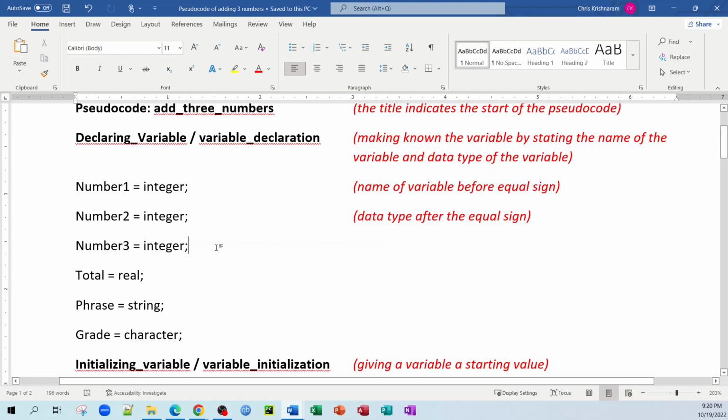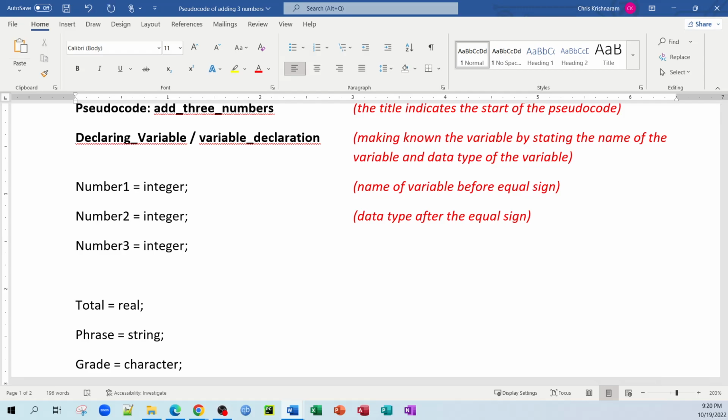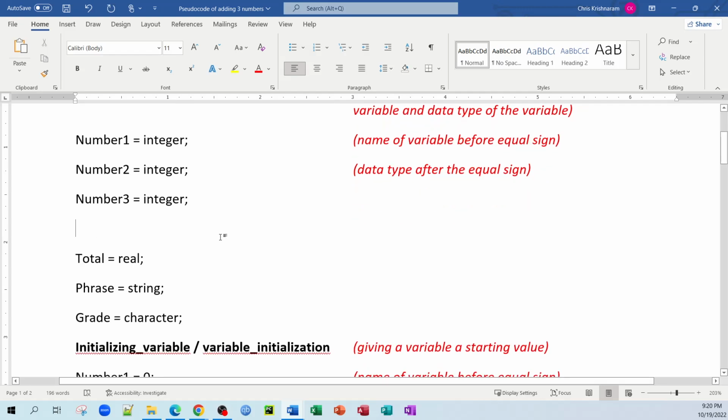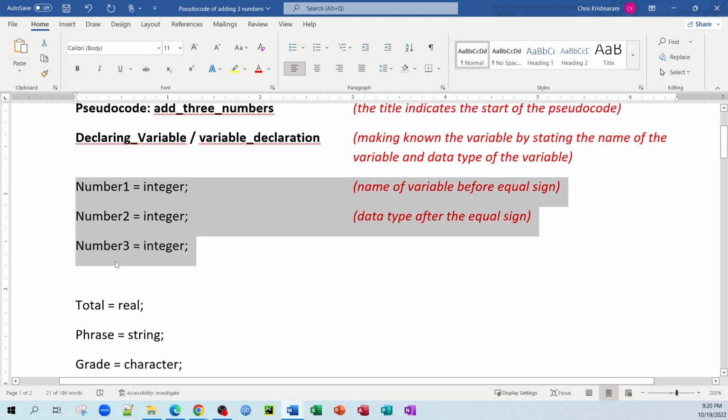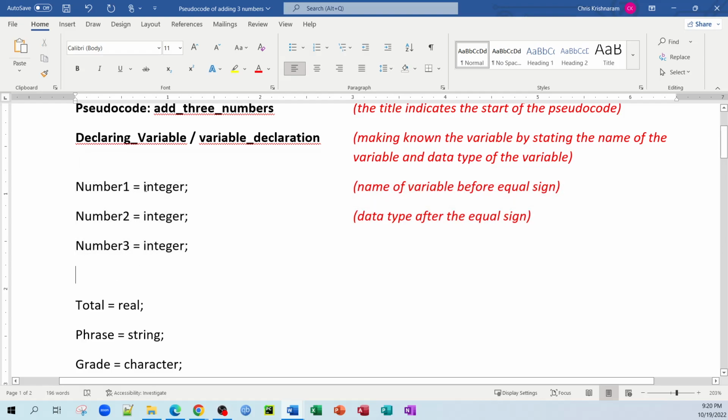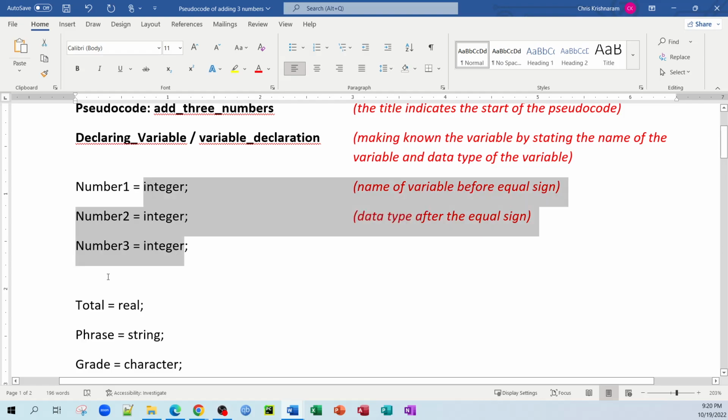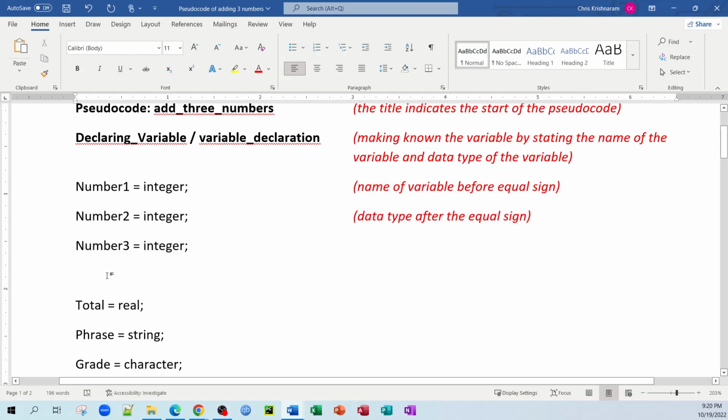Now, so that's for the semicolons there. Now, one thing to note, when you are declaring and initializing, there's another way that you can actually write it. So, if you notice, these three here are actually the same data type. Because they're the same data type, we can actually write it in the same line.